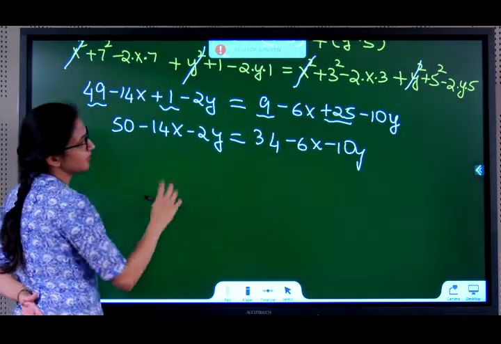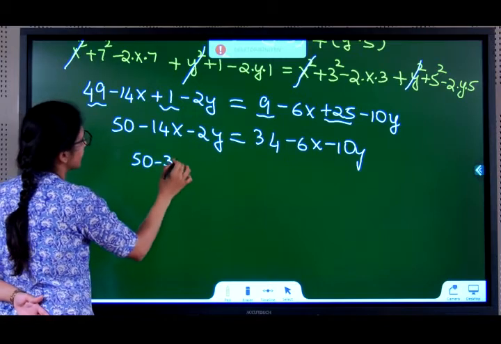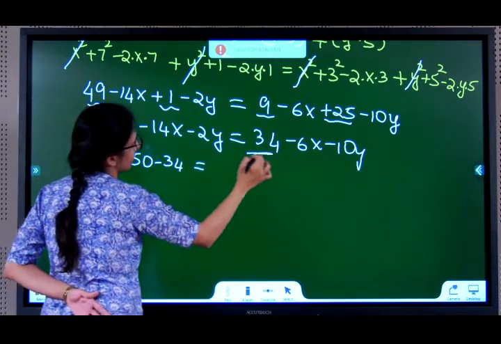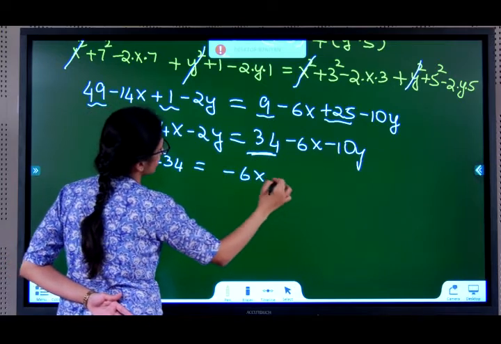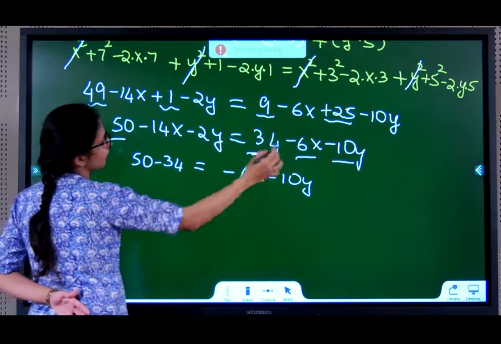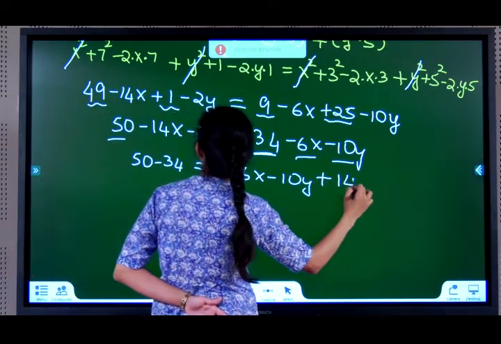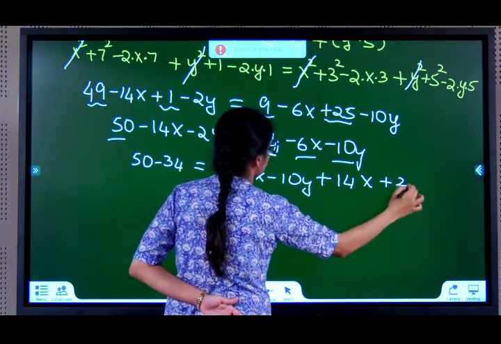Bring all the variables in one side, all constants on the other. I'll bring 34 this side. 50 minus 34. Keep minus 6x minus 10y there only. Send minus 14x minus 2y that side, so minus 14x becomes plus 14x, minus 2y becomes plus 2y.